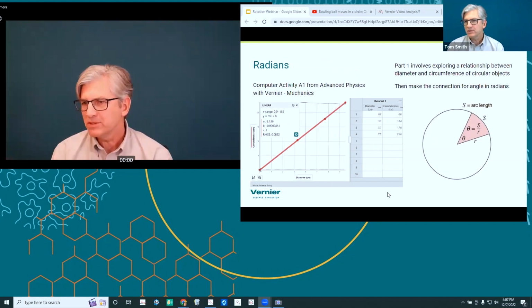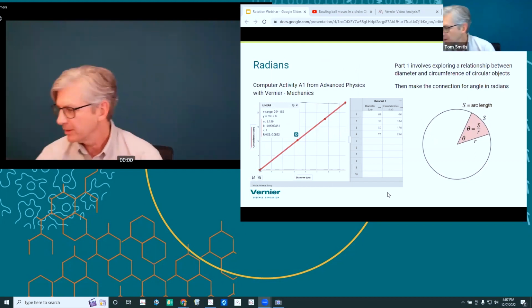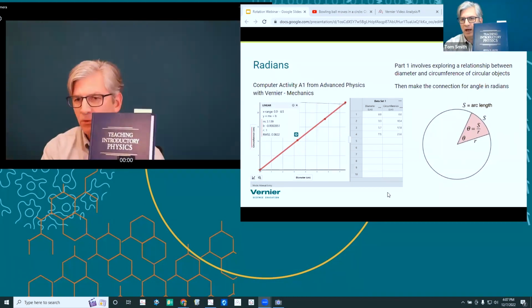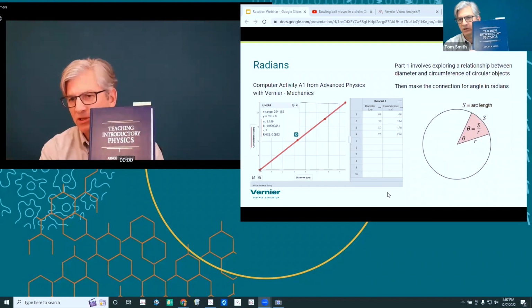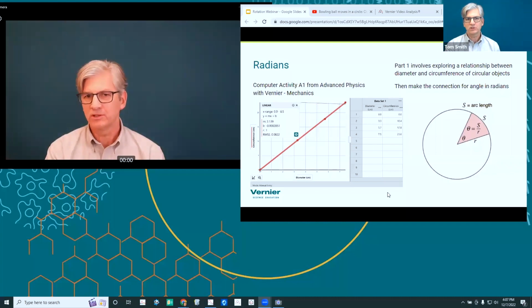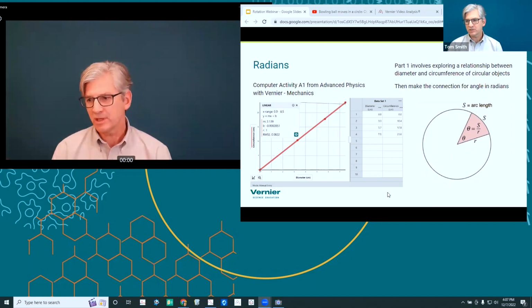So with regards to the whole confusion about radians, by the way, let me put a plug in for this book, if you haven't had it before: Teaching Introductory Physics by Arons, a highly recommended book. It provides a lot of good research on what misconceptions students carry with them, how to address them, and a good strategy for laying out teaching physics.